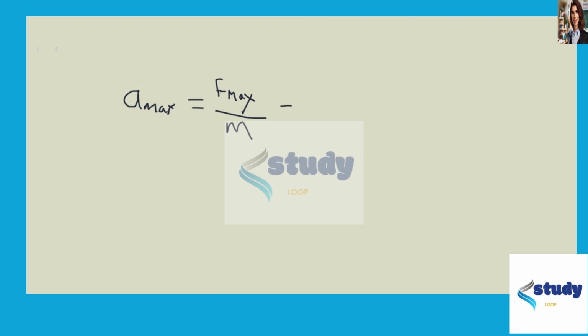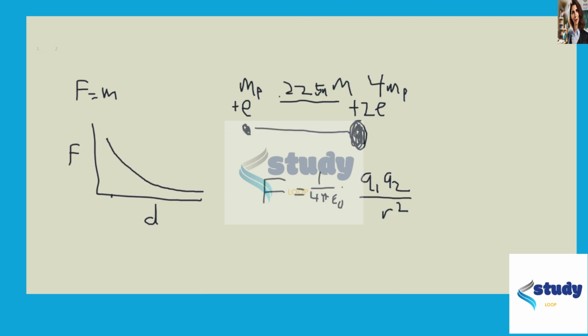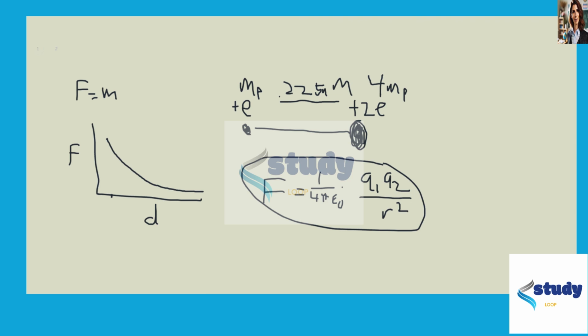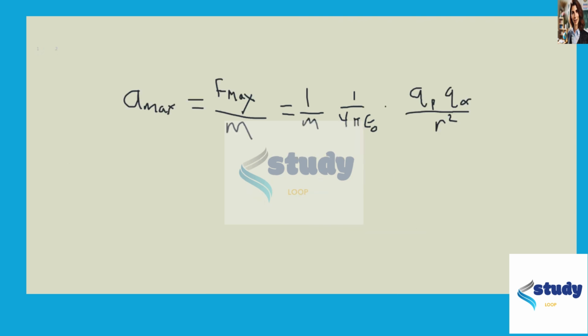And we know that this F max is given by the equation we showed before to be 1 over 4 pi epsilon naught times the product of the charges, let's put Q proton and Q alpha particle as variables for now, divided by the distance between them squared, which we know now is just this 0.225 nanometers.